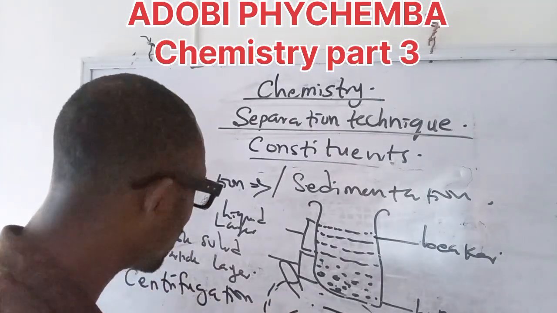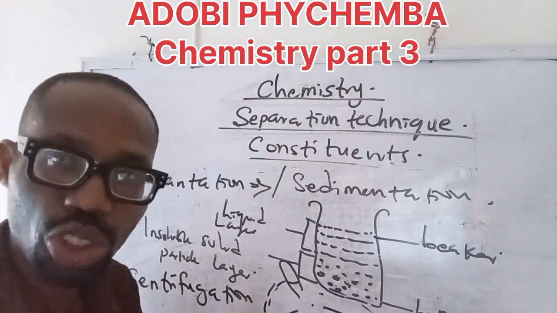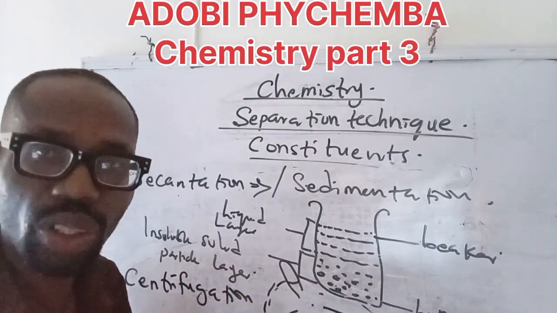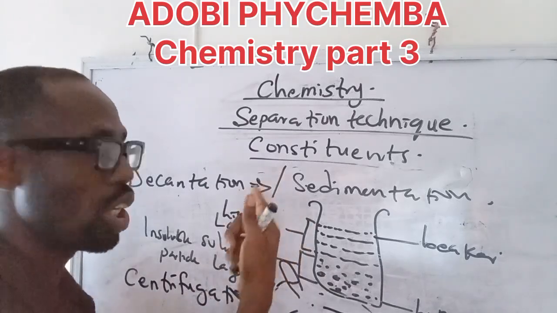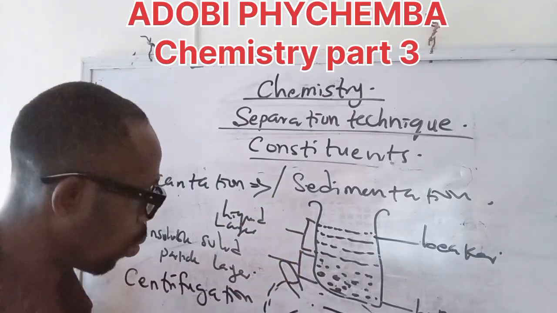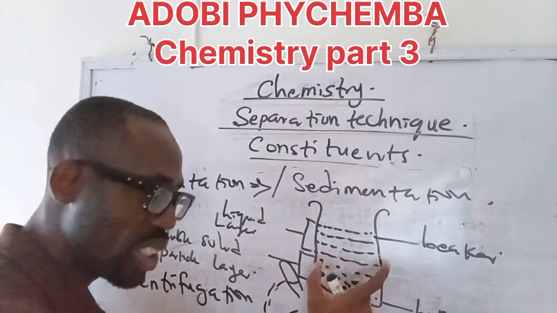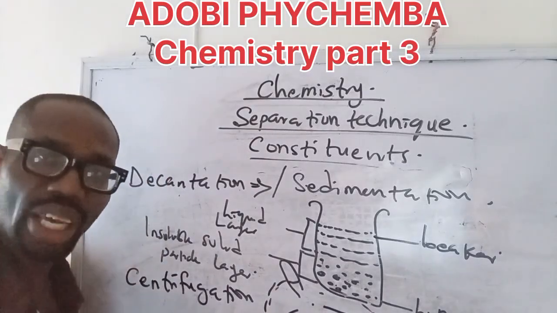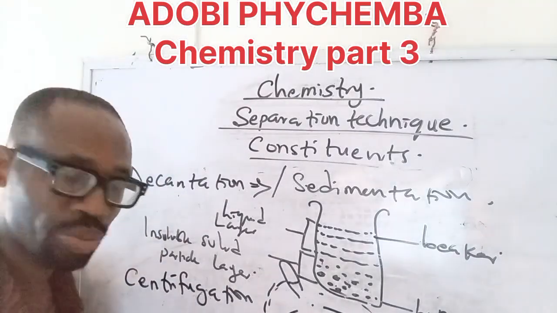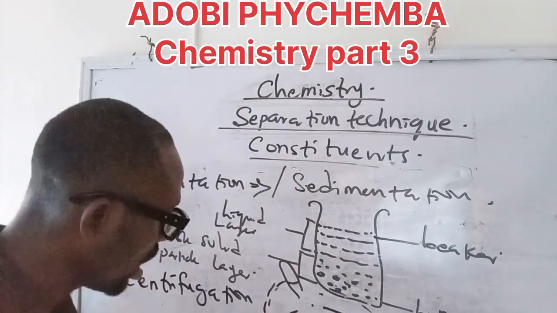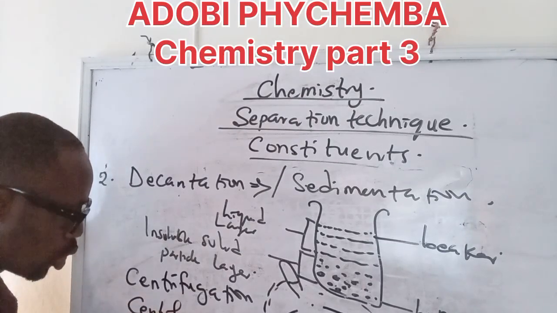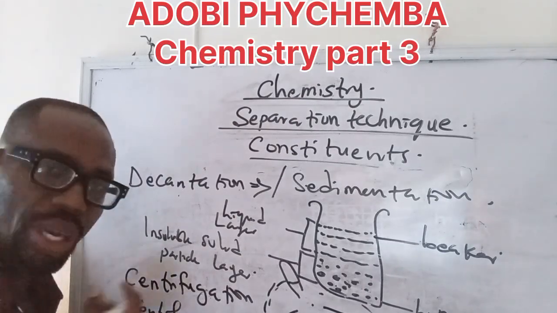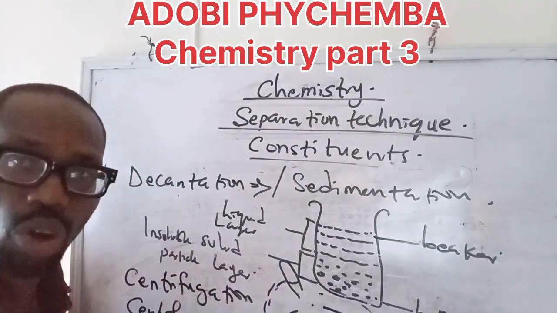So centrifugation has to do with spinning a test tube. The essence is to separate insoluble solid from their solution. In decantation you leave the mixture to sit, but here you connect it to a machine. Centrifugation is the process; the centrifuge is the machine. It spins a test tube alongside a test tube of the same size with an equal volume of water.